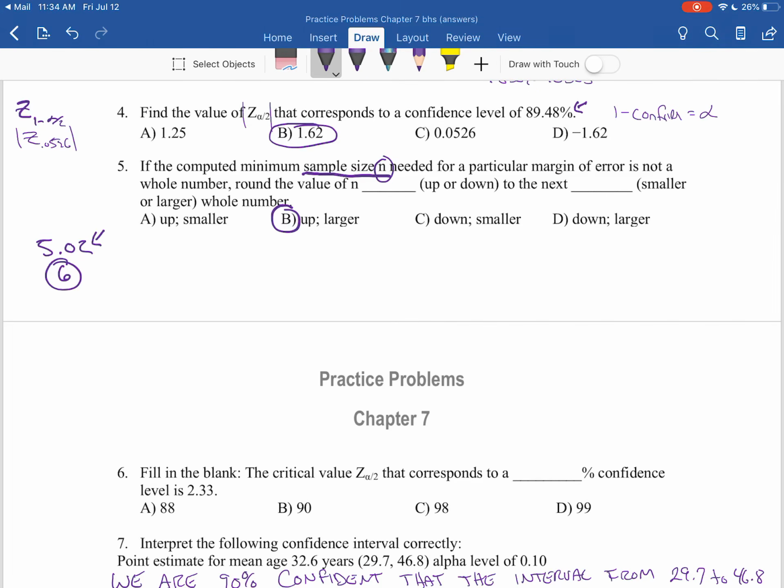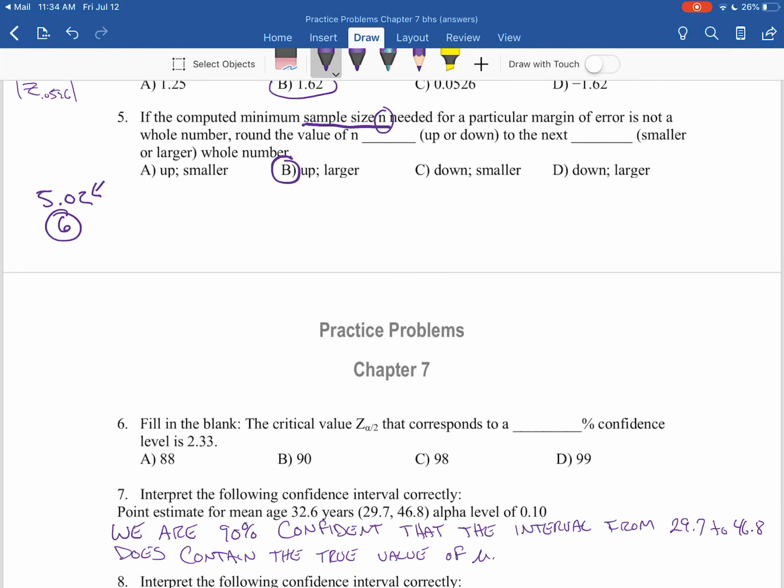All right, moving on here to number 6. We want to fill in the blank for a critical value of alpha over 2 corresponds to blank confidence. One of those numbers that we just kind of will know is 2.33, but when we're dividing it by 2 for a confidence interval, it's going to be 98.